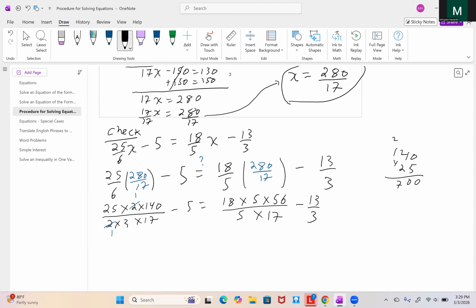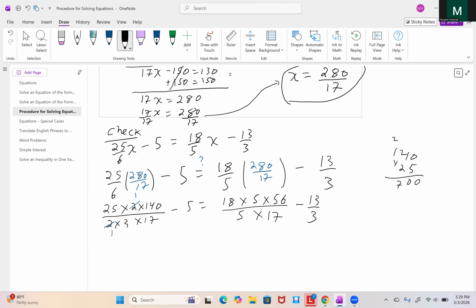This is not less than 3,000, and they have the same denominator. So we made a mistake somewhere. So we need to check. Okay, so we actually made a mistake when solving the problem. So this is why, if we check, we don't get an identity.